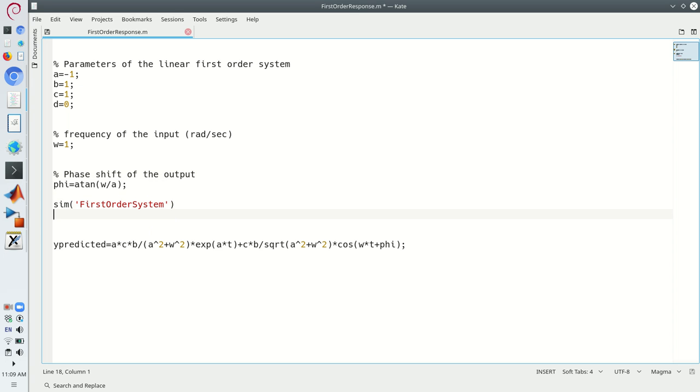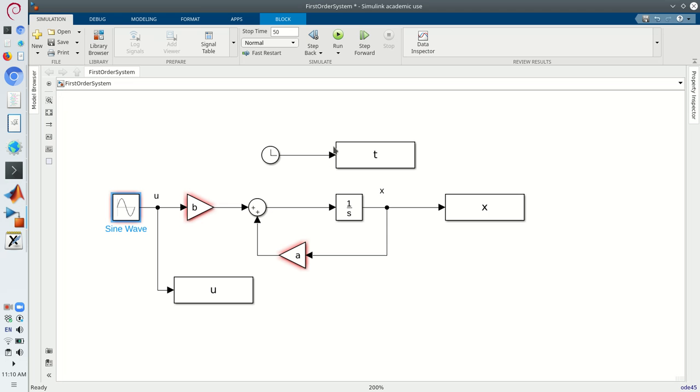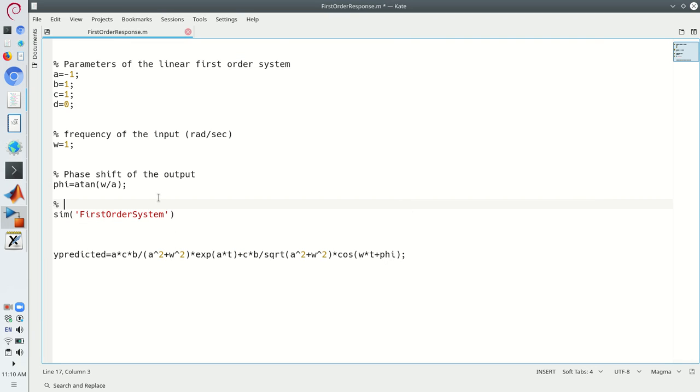and then here I'm going to simulate the system. So you don't need to go into the Simulink interface and click run or Control T to simulate a system. You can do that from the command line, and if you're running a script like what I'm going to do now, that's actually much more convenient.